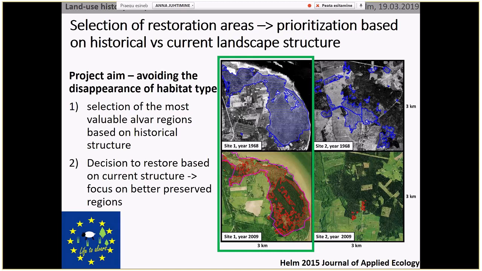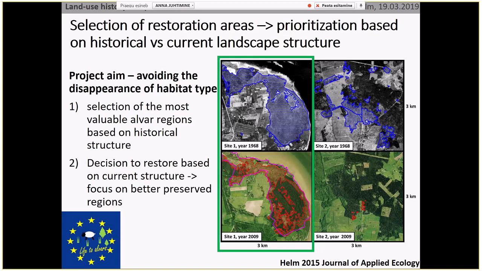And here you can see two examples. Site 1 was eventually selected also for the restoration, and site 2 was not, although they both were recognized as having big and continuous historical areas. But as we really aimed for the saving of the habitat type, we decided that we really need to focus first on these core areas that also have some remnants left today.